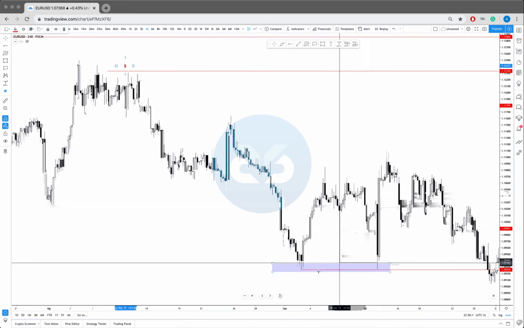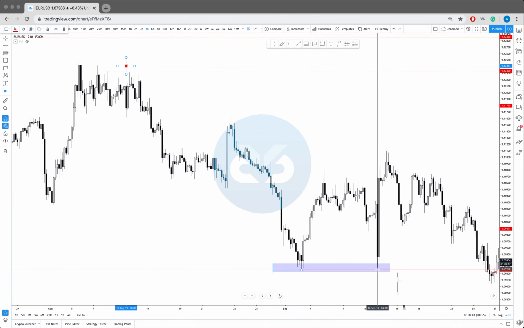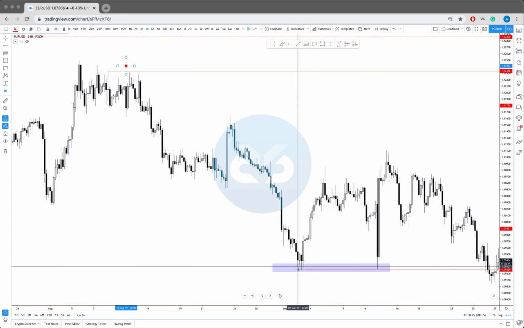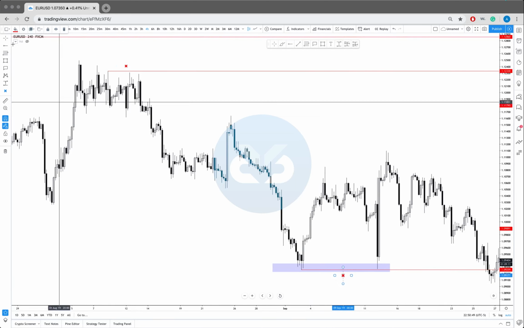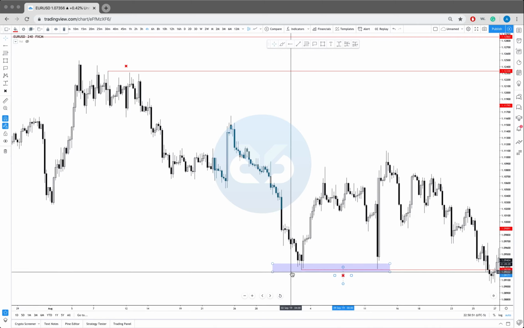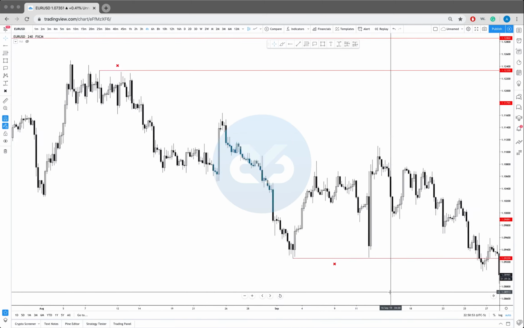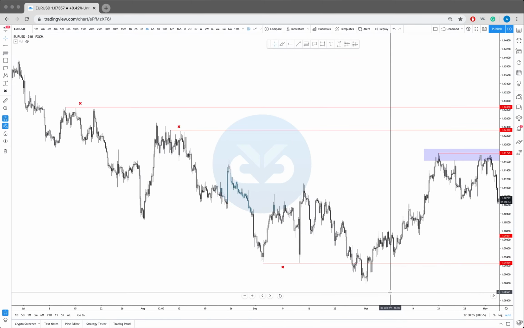Now looking at the next one, as you can see, the second low did not break the first low. So that is considered equal lows. We keep going to the next.